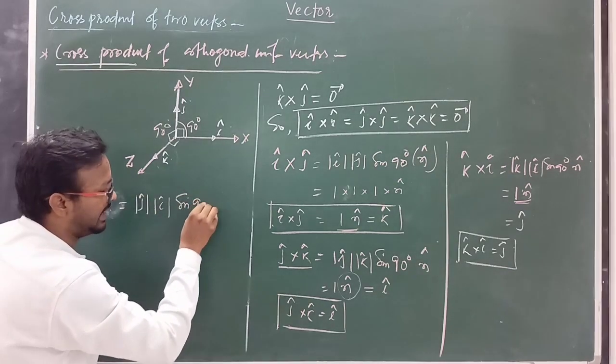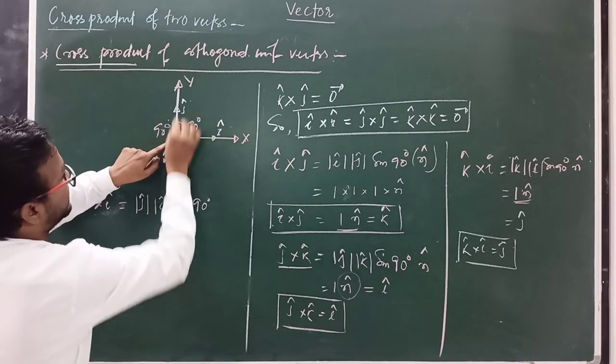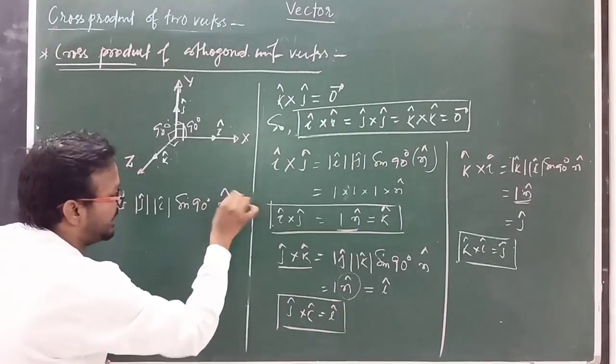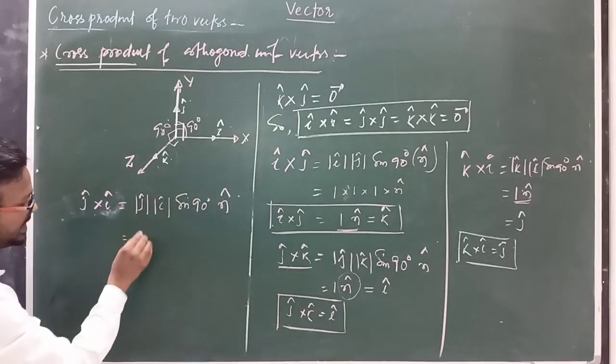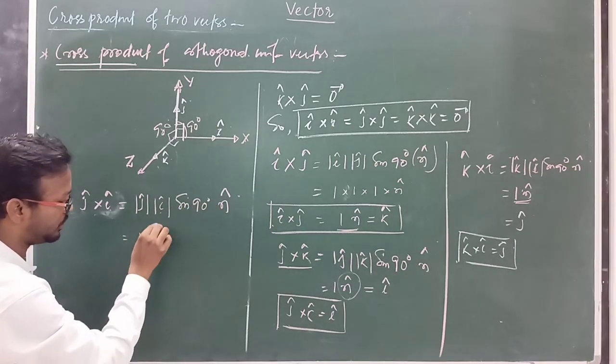So here the angle is 90 degrees. Why? Because the i vector is here, i cap, and this is j cap, and the angle between them is 90, and there is one unit vector. Clear? And we get here magnitude 1 and sine 90 also 1, so 1 into n cap.